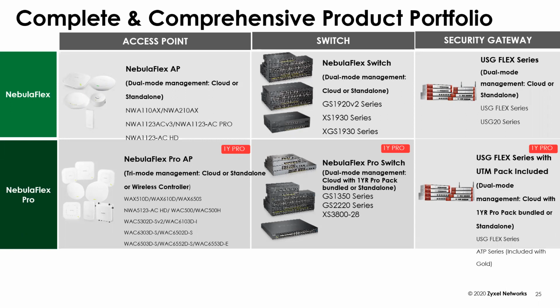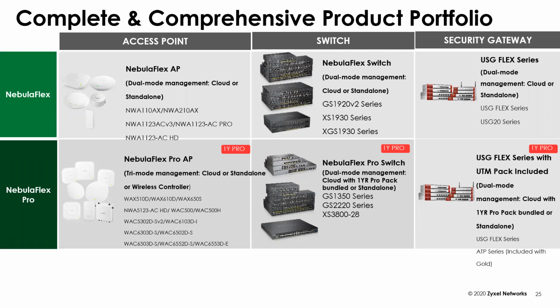On the Nebula Flex Pro side of things, it's going to be our access points that are 500, 600, 5000, and 6000 series. So those will all come bundled with 1 year Pro management and also support working with a local controller. On the switch side of things, it is our 1350 series, the 2220 series, and the 3800s.